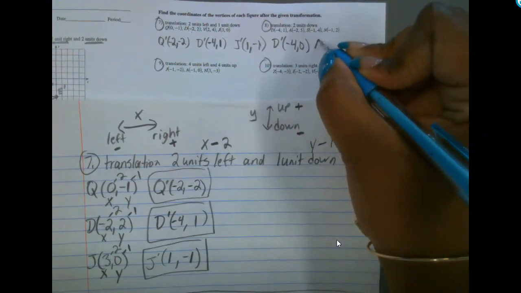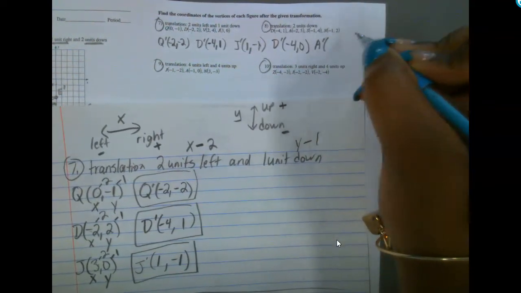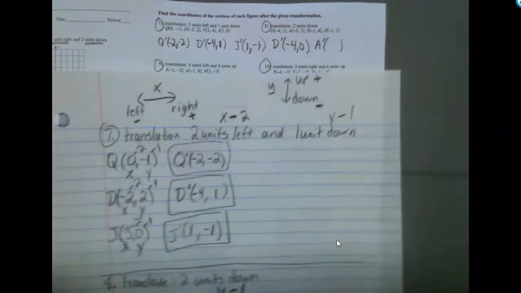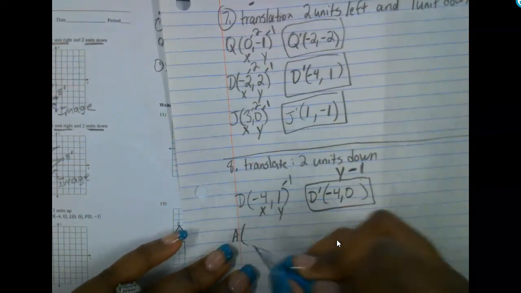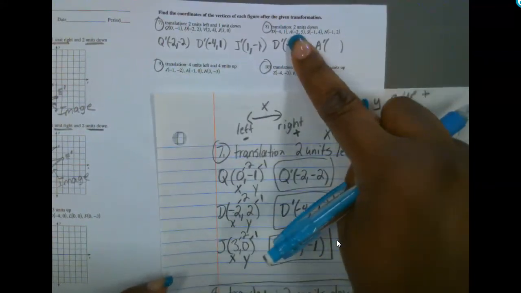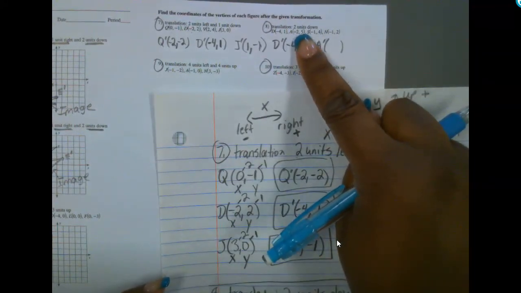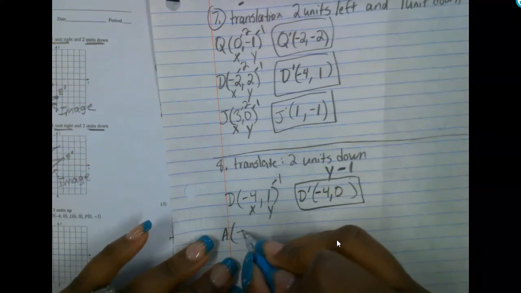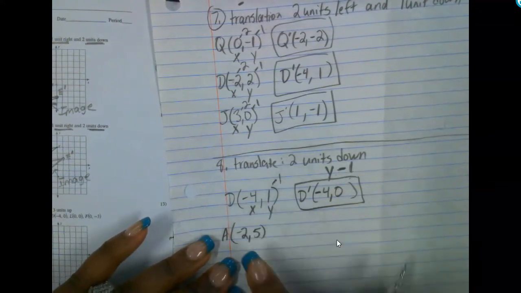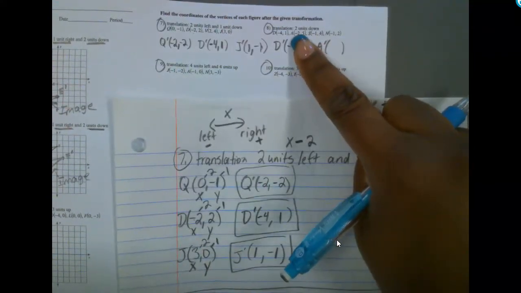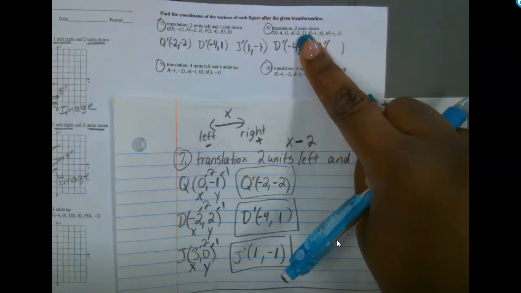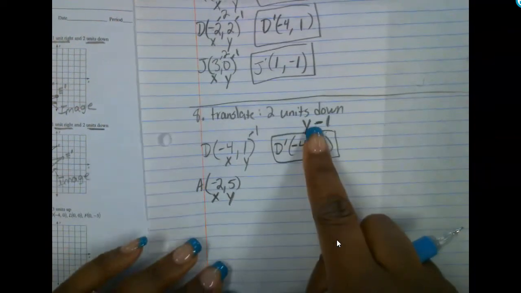Okay, so let's do A prime. So A is negative 2 and 5. This is my pre-image. Negative 2, comma, positive 5. This is X. This is Y. It's right here. This is my pre-image. No tick marks. Okay, so I'm going to use the same rule.